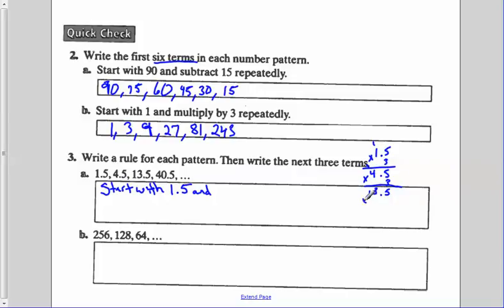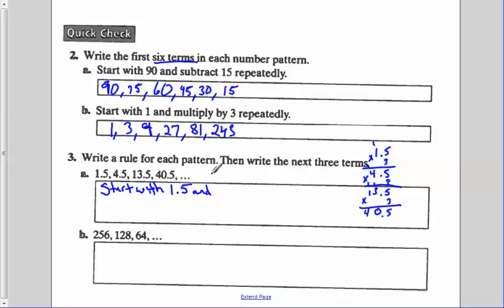So I do the same thing, times 3, 13.5, and I get 40.5. 3 times 5 is 15, carry my 1. 3 times 3 is 9, and I get 10 after I add that 1. I carry my 1, and 3 times 1 is 3, plus 1 is 4, so 40.5.